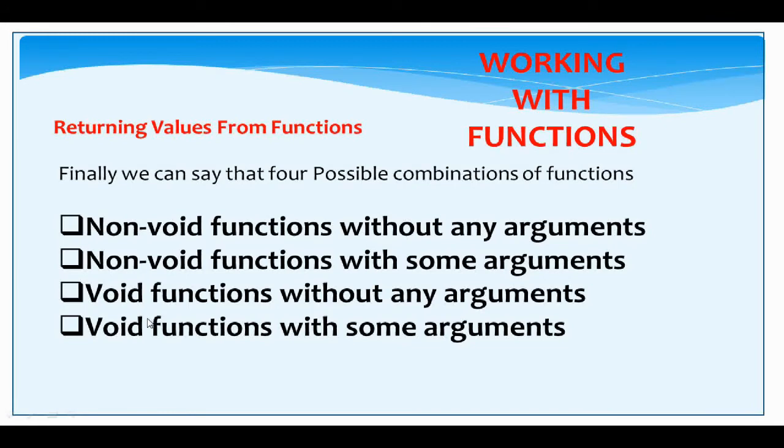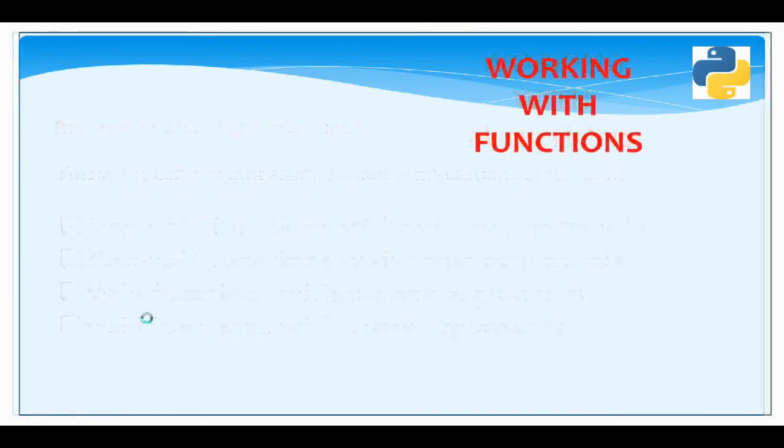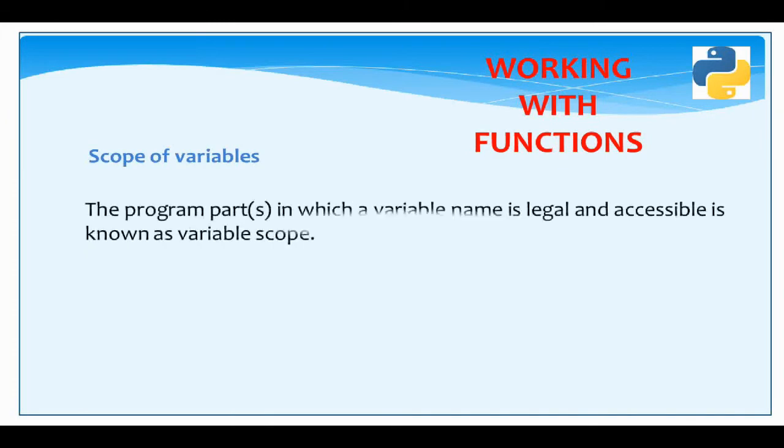Now let us move to the next topic, that is the scope of variables. The part of the program in which a variable name is legal and accessible is known as the variable scope. That is, the part in which the variable is accessible and legal, and the part in which it is not legal or accessible, is defined by the scope of a variable.